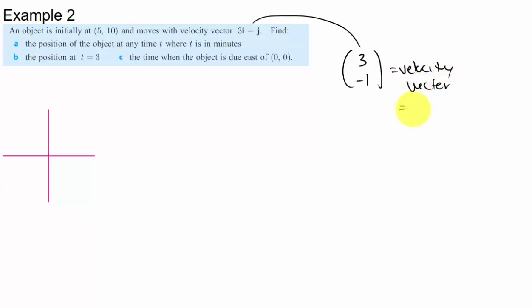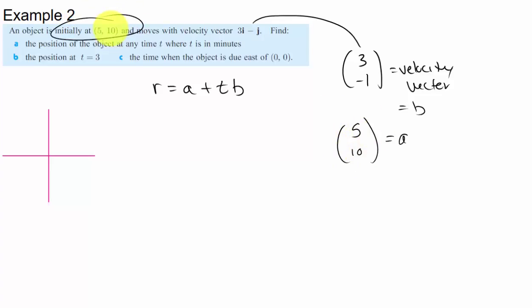And we can call that b if we want to relate it to the equation above. So our equation, remember, is r is equal to a plus t times b. Well, our a value is going to be where we initially begin, which is 5 and 10, which is given in the question.